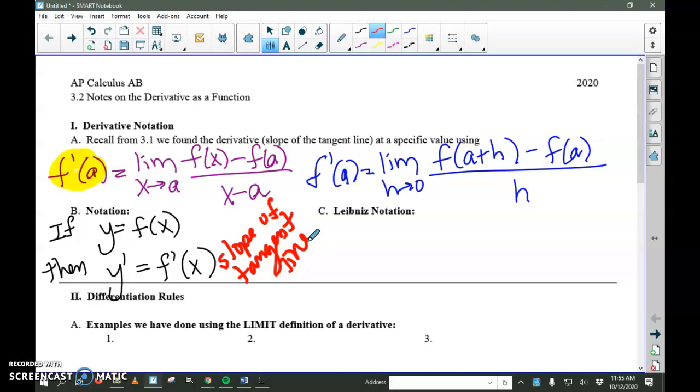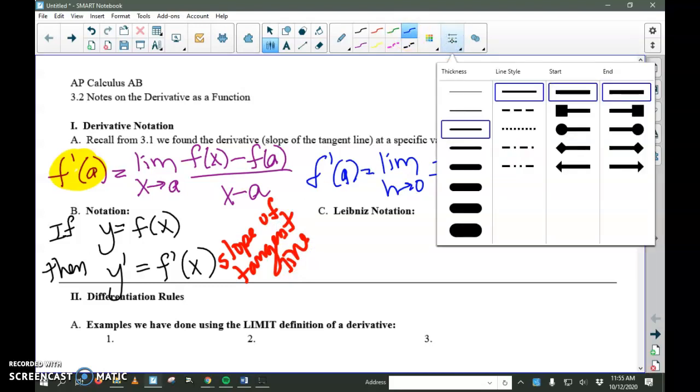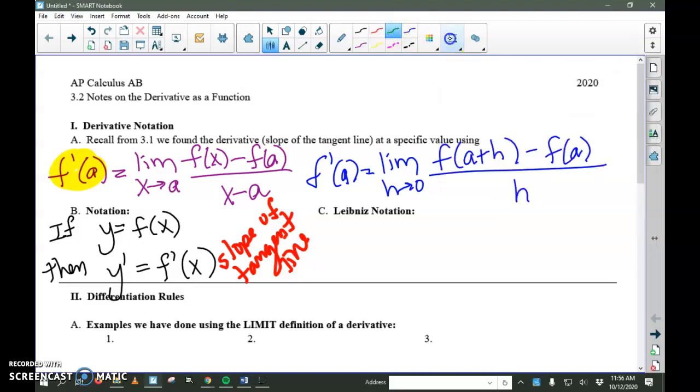Now, I may have mentioned, and I forget the things I mentioned in different classes, and I apologize, but there are actually two contributors to the invention of calculus. One of them is Sir Isaac Newton, and he invented calculus in order to do physics, okay? The other was Leibniz, and Leibniz was just purely a mathematician.